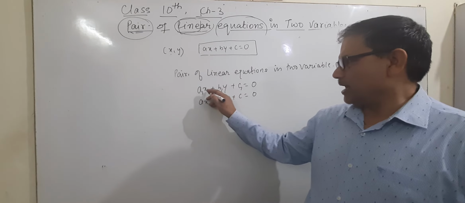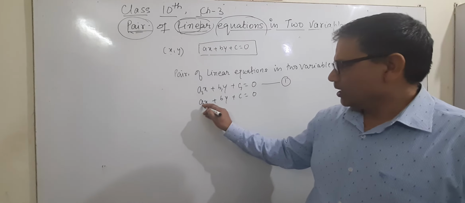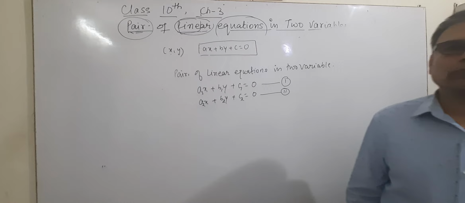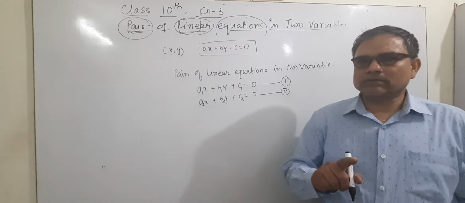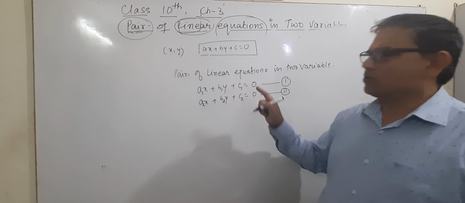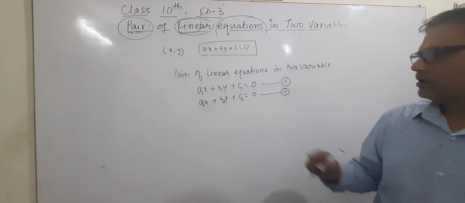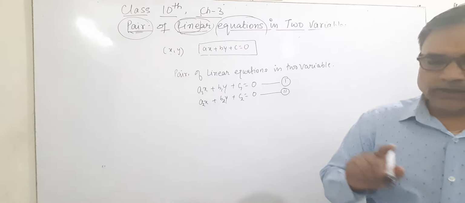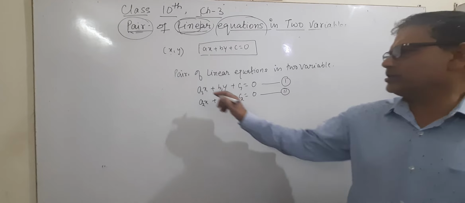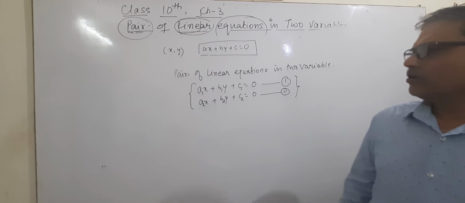This a1 x plus b1 y plus c1 represents equation number 1, and a2, b2 and c2 equation number 2. a1 is the coefficient of x, b1 is the coefficient of y, c1 is the constant term for the first equation. a2 is the coefficient of x, b2 is the coefficient of y, c2 is the constant term for the second equation. These are the pair of linear equations in two variables.